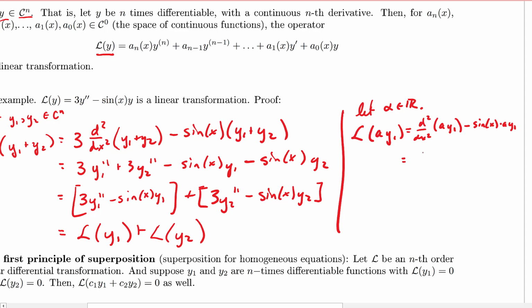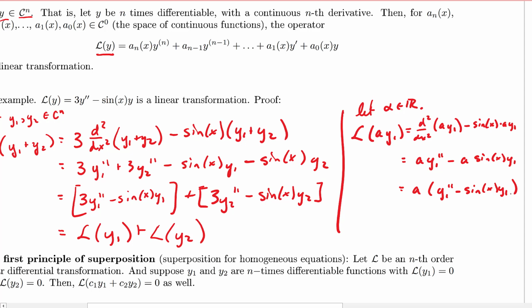Well, cleaning this up, this gives me a y1 double prime minus a sine of x y1, and I can factor that a out, and I'm left with y1 double prime minus the sine of x y1.